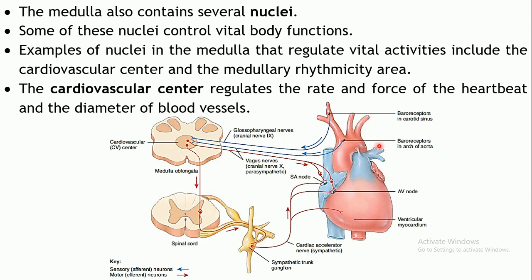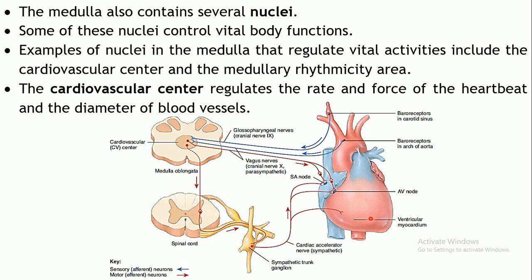So the heart, which pumps the blood, its activity is regulated by the cardiovascular center. Does it pump the same amount of blood all the time? What happens when you are exercising? Your heart works harder to pump more blood because your muscles need more oxygen, more energy.